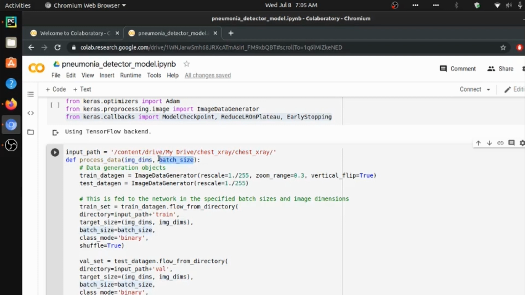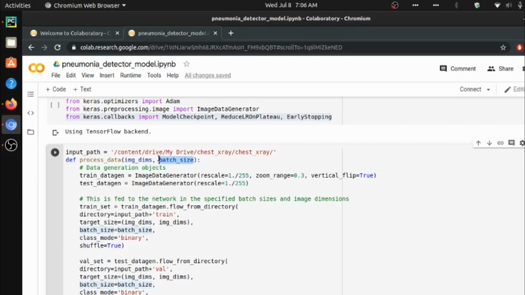What is batch size? Batch size is usually taken in order to prevent too much load on your hardware, and in order to promote efficient training of your data. If you are providing all the data set at once, it becomes difficult for the model to train itself.